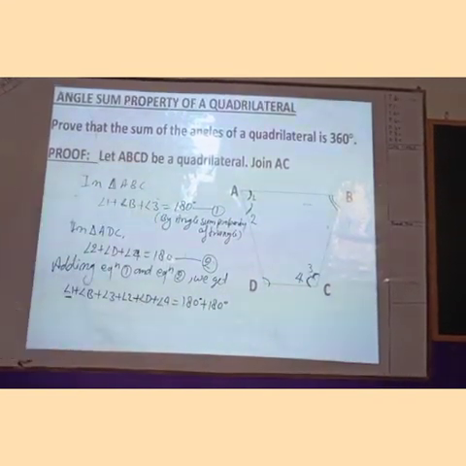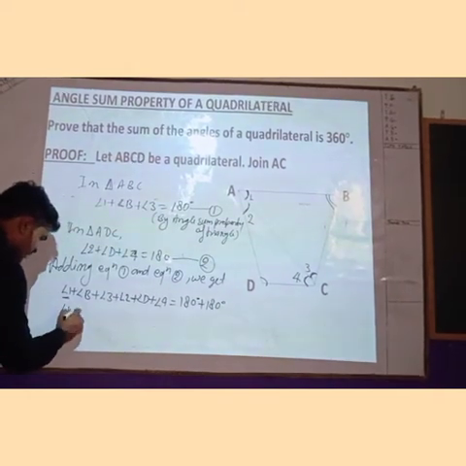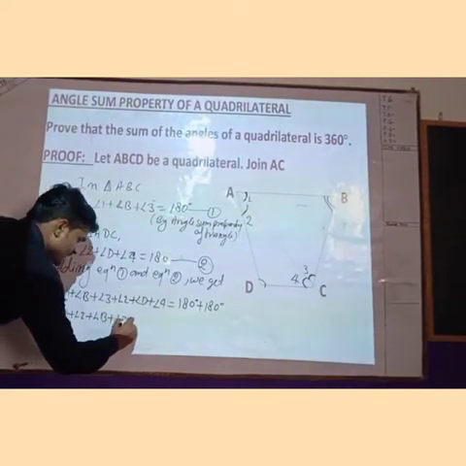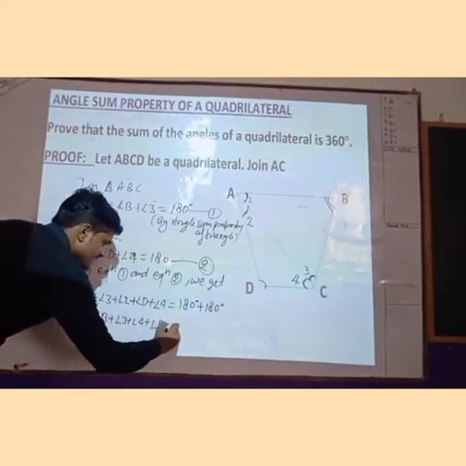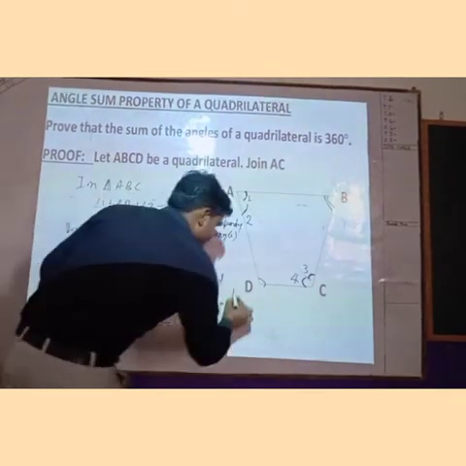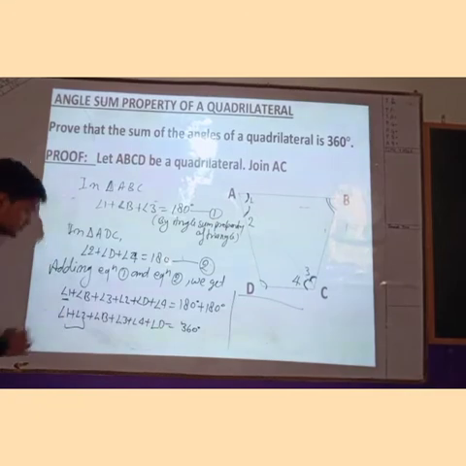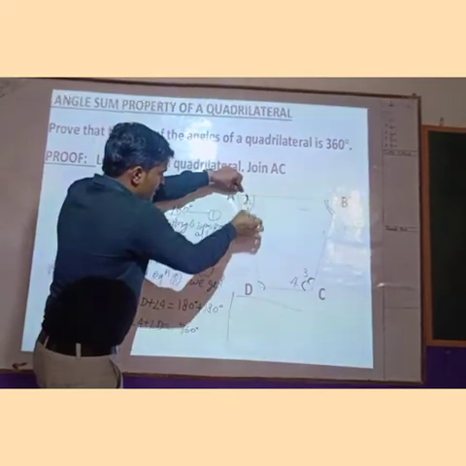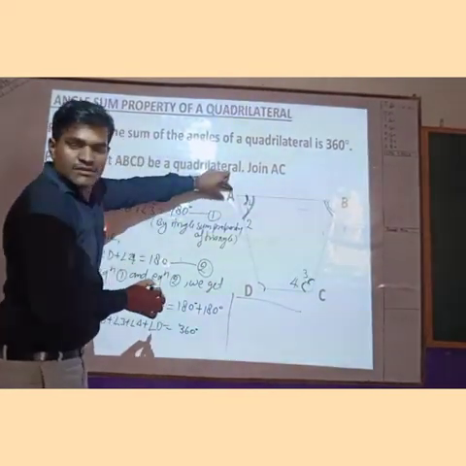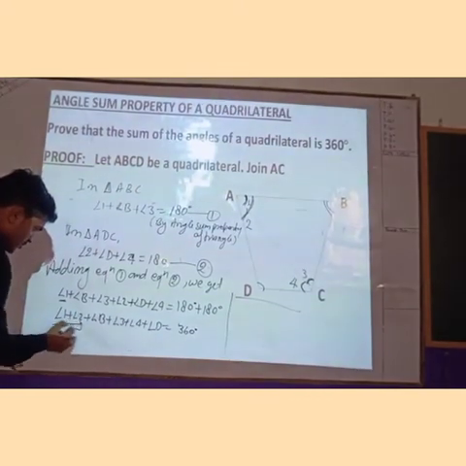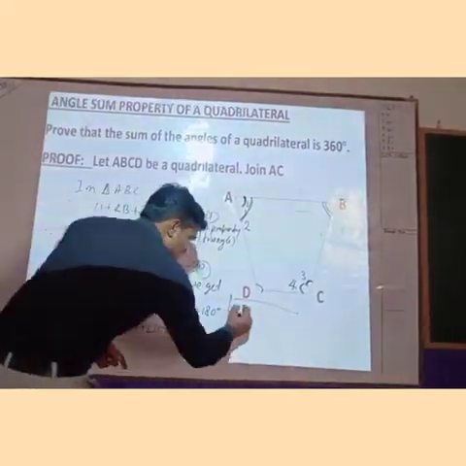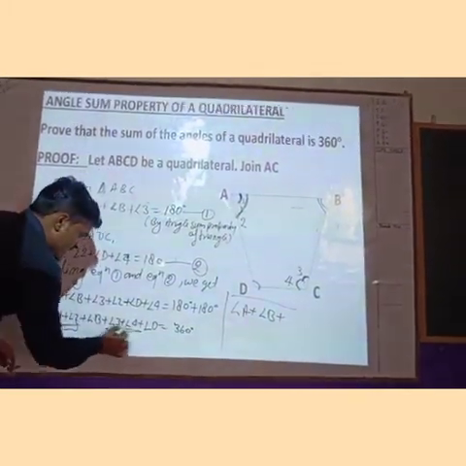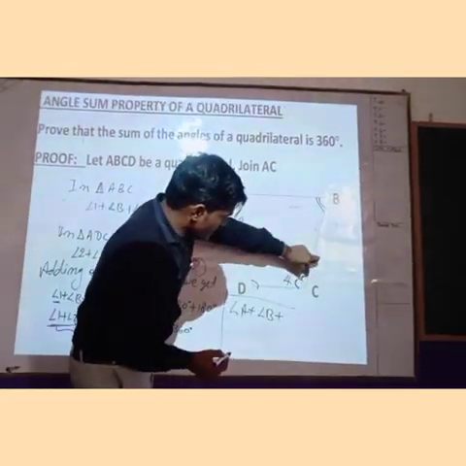Now children, angle 1 and angle 2 write together. Angle 1 plus angle 2, now plus angle B plus angle 3 plus angle 4 plus angle D is equal to 360 degree. When we add angle 1 and angle 2, we get this angle, which is the angle A. So angle 1 plus angle 2 can be replaced by angle A. So angle A plus angle B plus angle 3 plus angle 4.